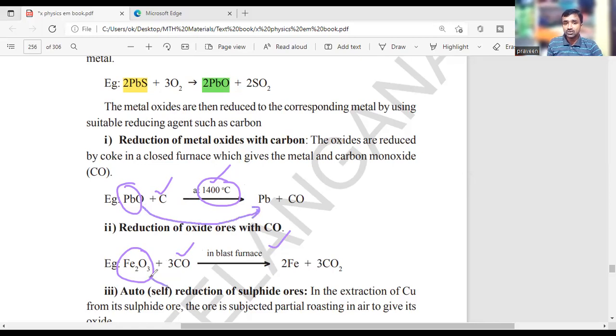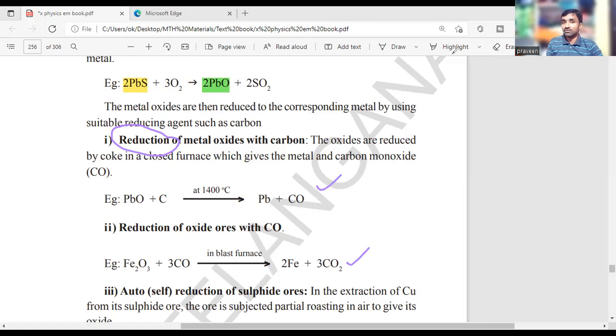Then the remaining will be available in the form of oxide, that may be carbon monoxide or carbon dioxide, right? So these you are producing. So reduction of metal oxides into metals, these you need to study.